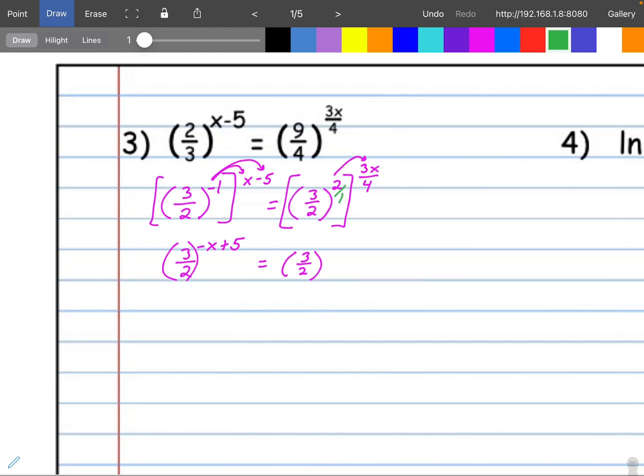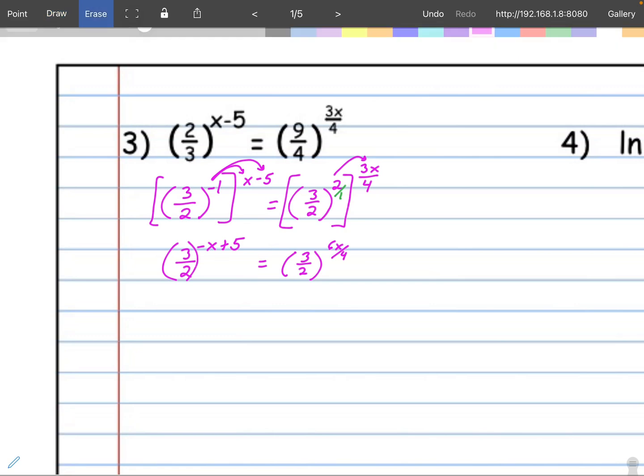Remember, this is technically over 1, so 1 times 4 would be 4. And so if I have 6x over 4, that can simplify. So that would really just be 3x over 2. So we're going to go ahead and simplify that fraction.